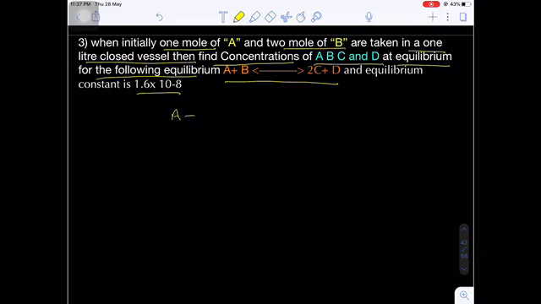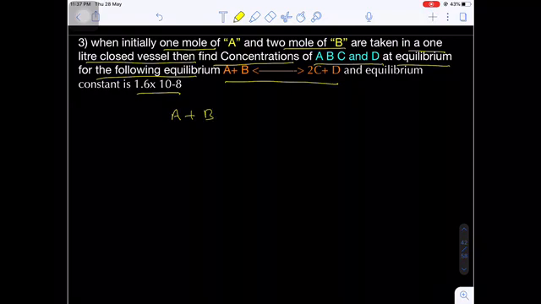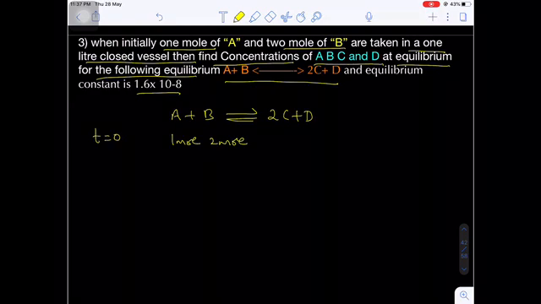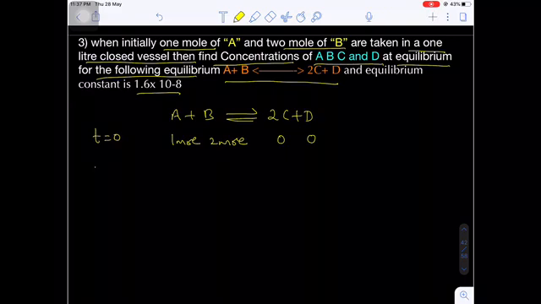So I am writing the equation A plus B in equilibrium with 2C plus D. What are the initial concentrations of reactants? 1 mole of A and 2 moles of B. The number of moles of C and D is 0. Now when the reaction attains equilibrium, let's suppose X moles of A are consumed, then X moles of B are also consumed.